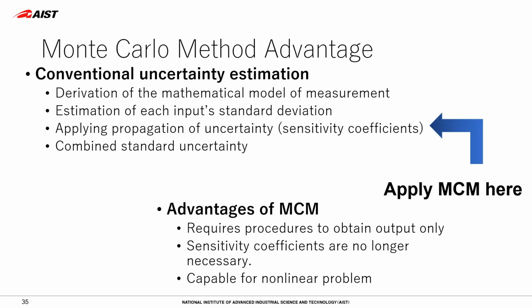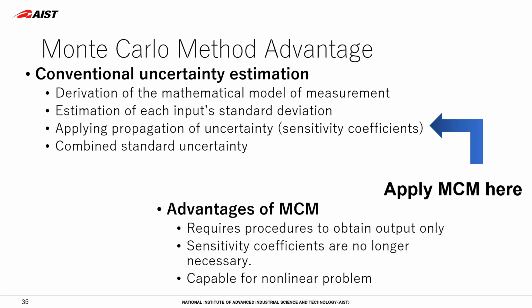A conventional uncertainty analysis was performed in the last several slides. For a very complicated measurement model or nonlinear measurement model, a much more powerful tool is available now. The Monte Carlo method substitutes random variables directly into the equation and obtains a distribution of the final result.